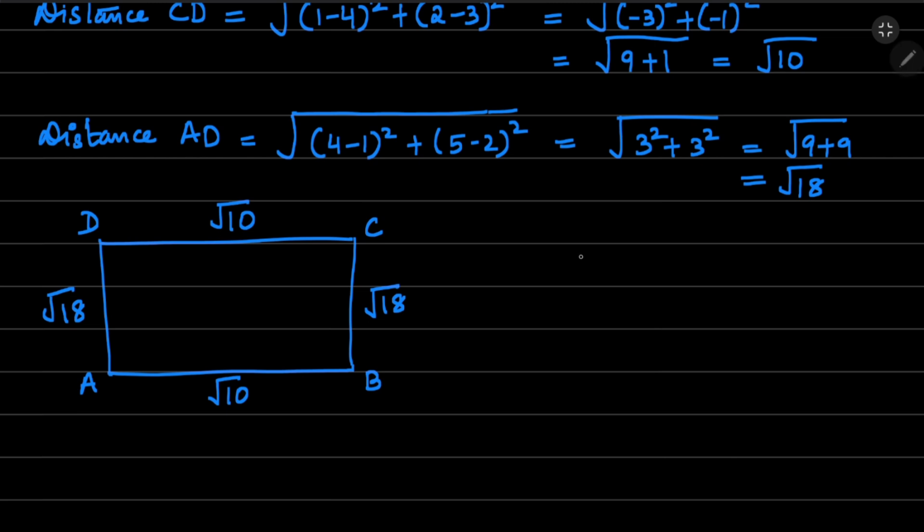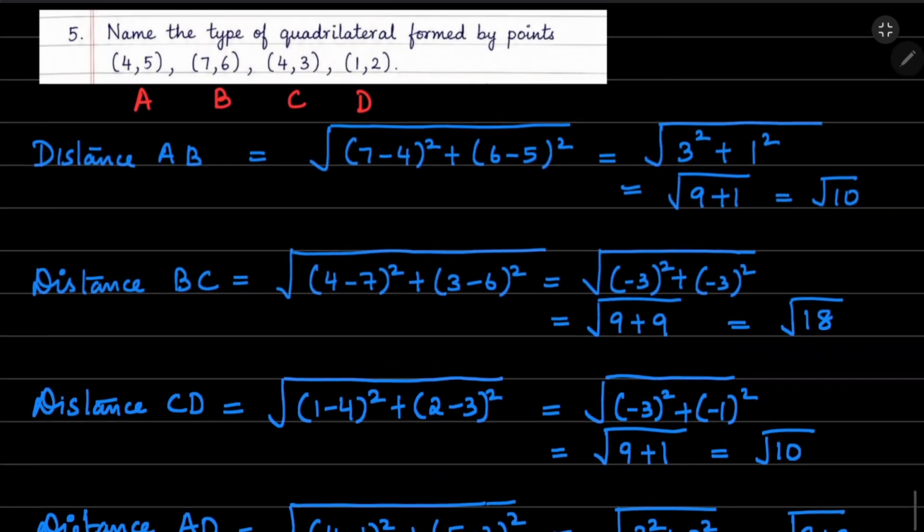When the opposite sides are equal, it could either be a rectangle or it could also be a parallelogram. These are the only two possibilities. So this is your answer.